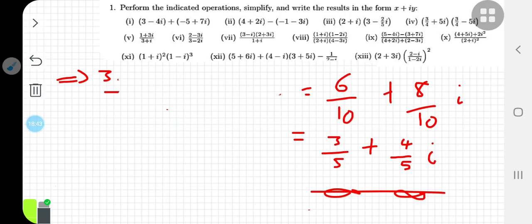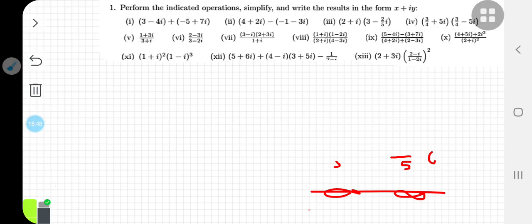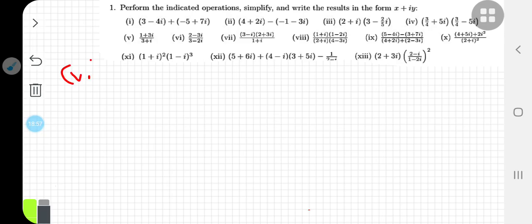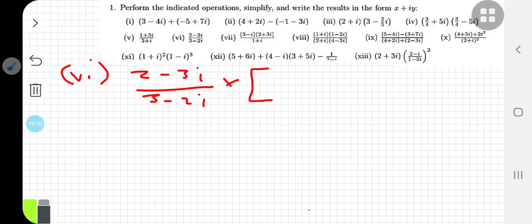So now we move on to part 6, which is telling us, even part 6 is just the same thing. It's telling us to express 2 minus 3i over 3 minus 2i. So I will multiply with its conjugate, which is just 3 plus 2i, over the same thing.